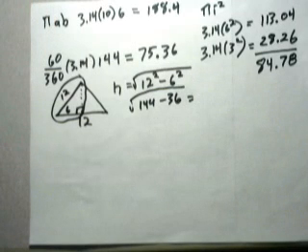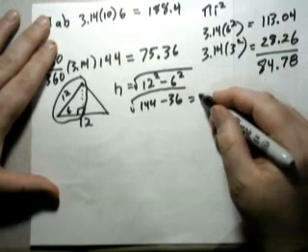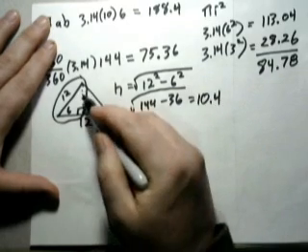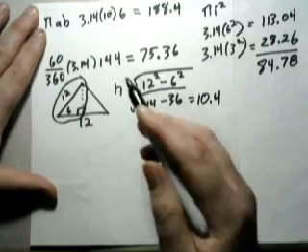So the square root of 144 minus 36 is 6 times the square root of 3, or about 10.4. So 10.4 is the height.